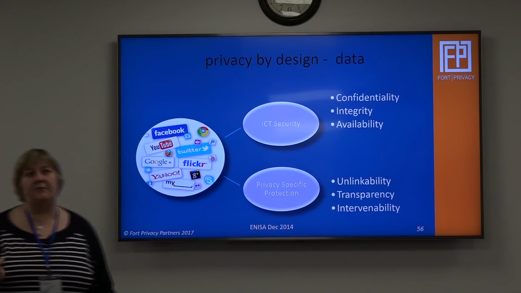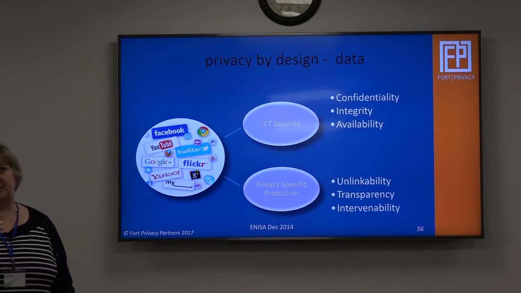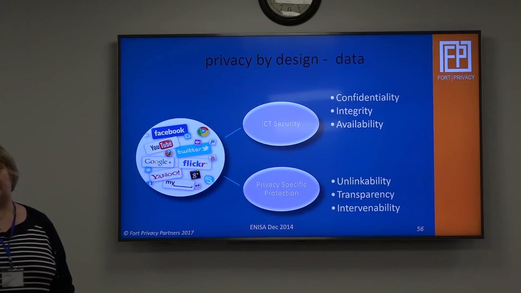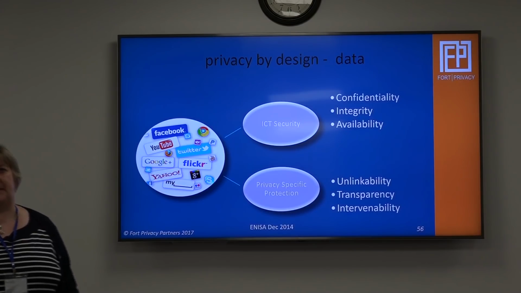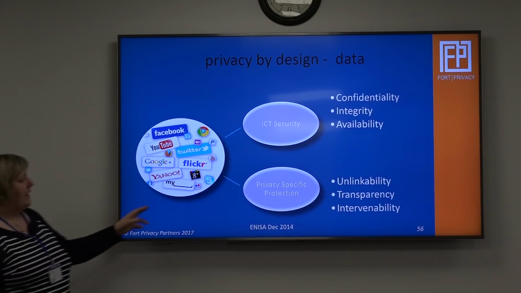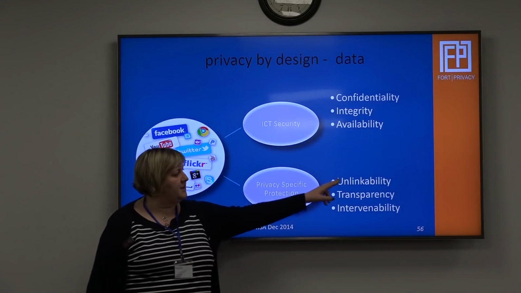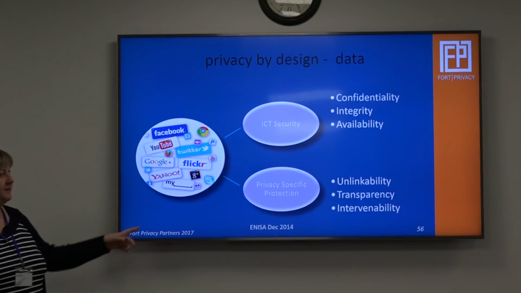If you're looking for more information, there's a really good paper on software engineering for privacy by design, written by ENISA, the European Network and Information Security Agency. They published a paper, I think around 2012, and they've updated and republished it recently. That's where they discuss these techniques of unlinkability, transparency, and intervenability.